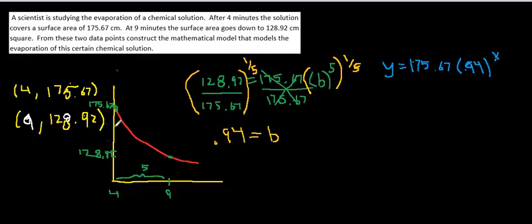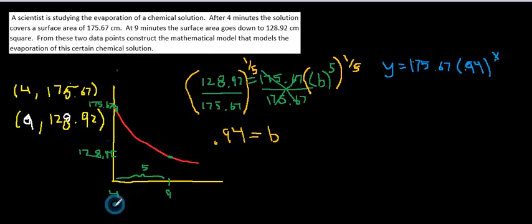So that goes with this equation here. But we know that at 4 minutes, it goes to 175.67. We want to know when it is at 0 minutes.